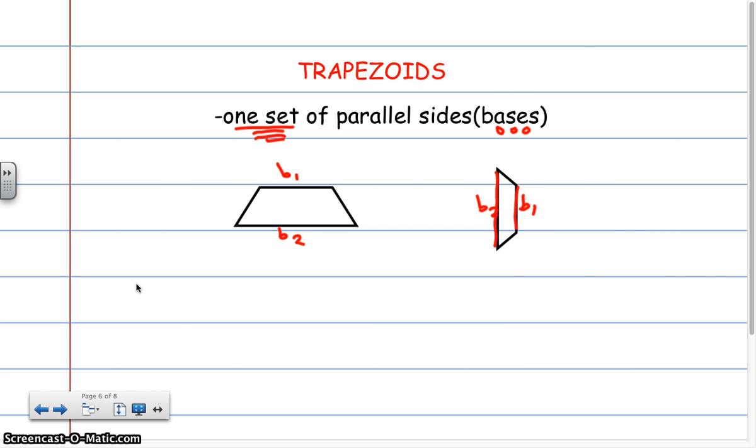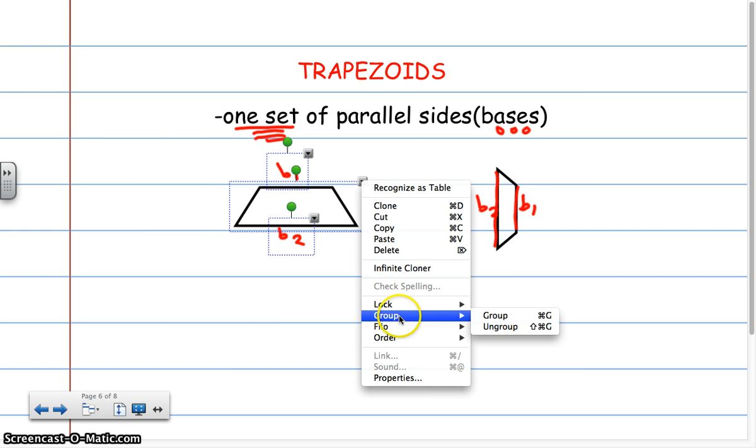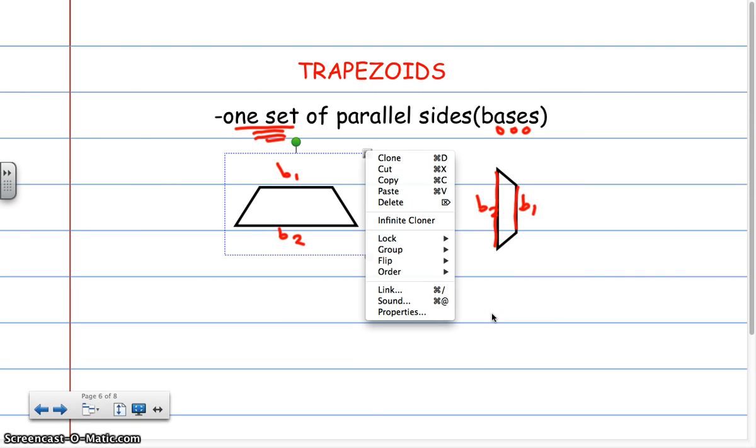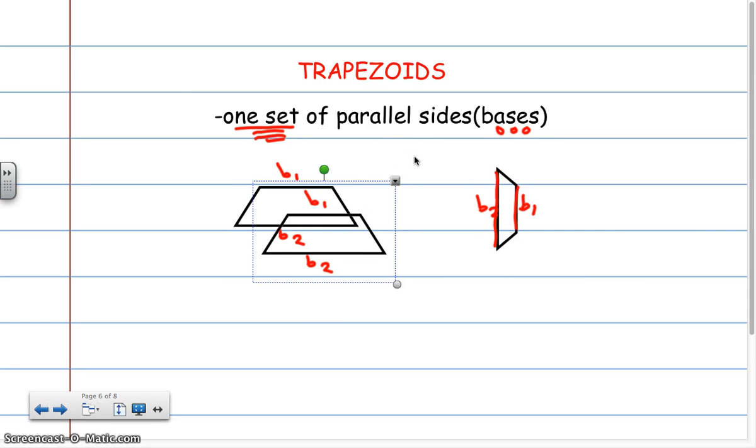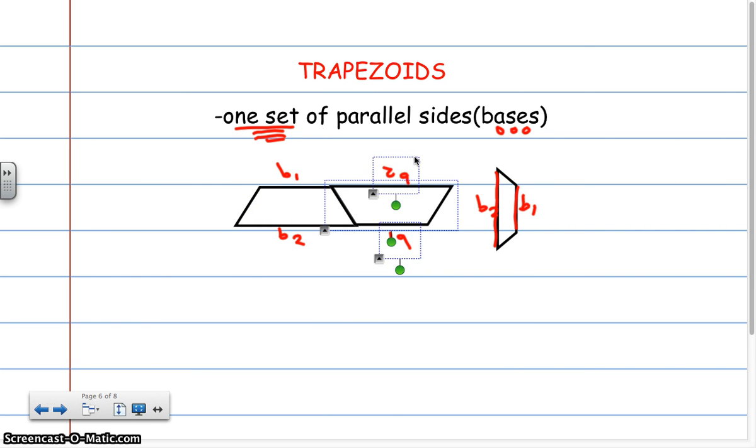Let me formulate the area for you. Let me set it up. Notice what would happen if I group this together and then clone it. Now watch what happens if I rotate this and then connect it. Do you see the parallelogram? We know that the area of a parallelogram is the base times the height.